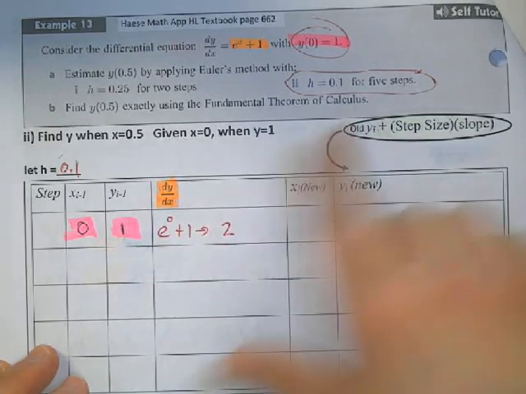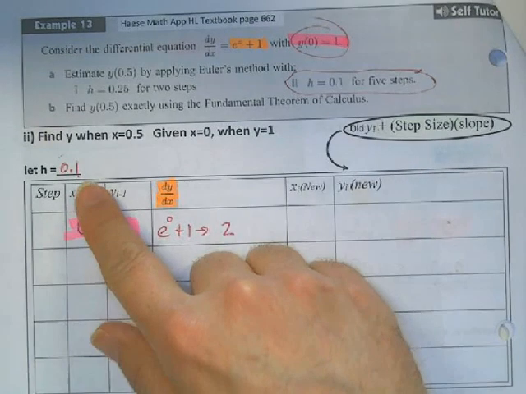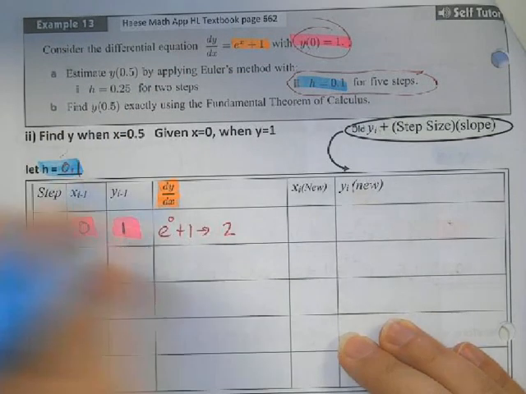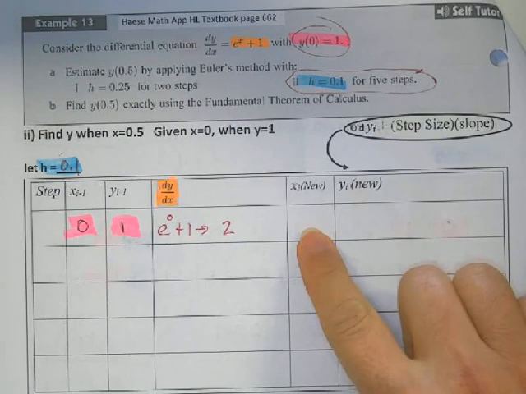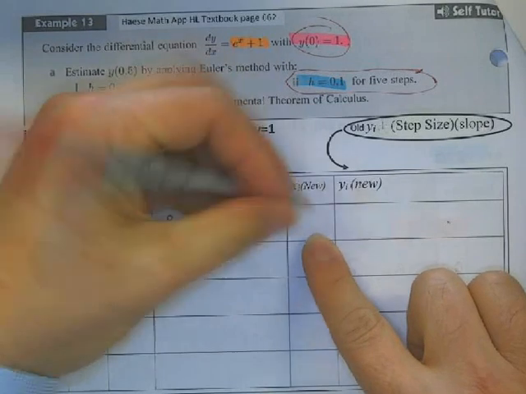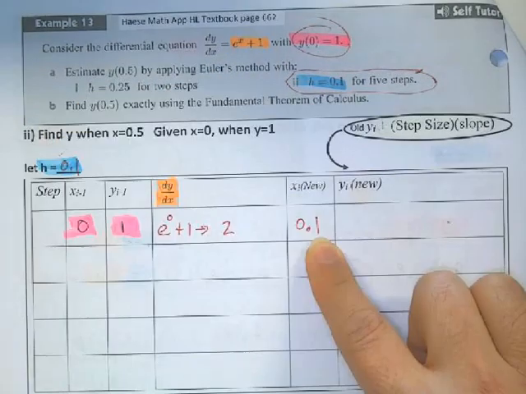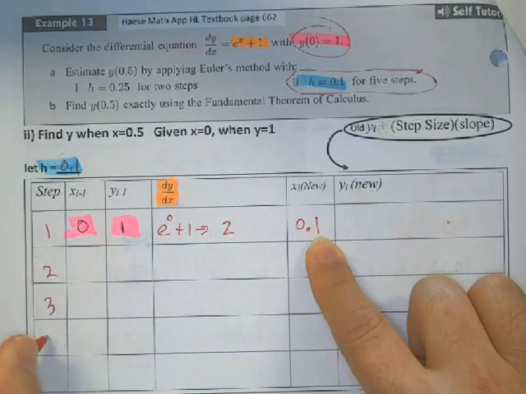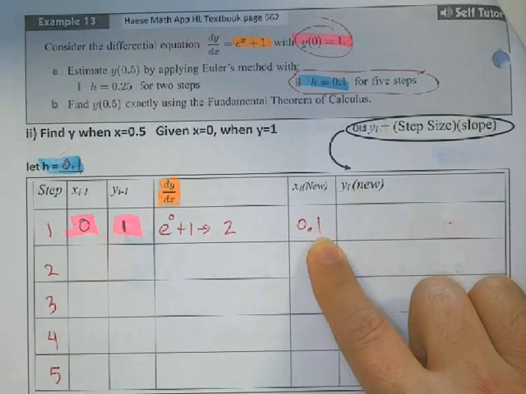Now, if my step is 0.1, then we're going to keep adding 0.1. So this new step is going to be 0.1. These are steps.